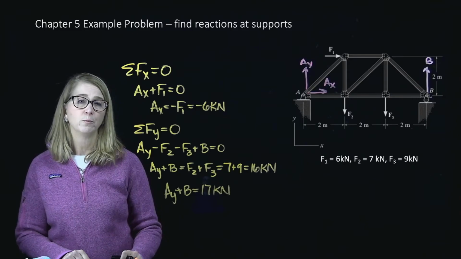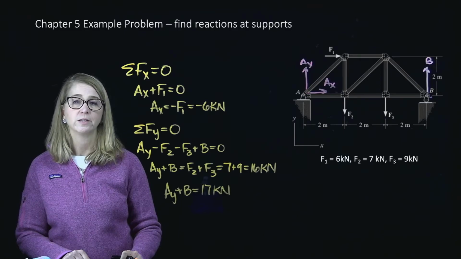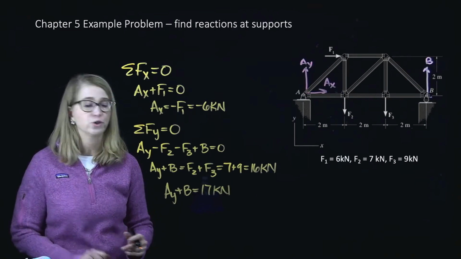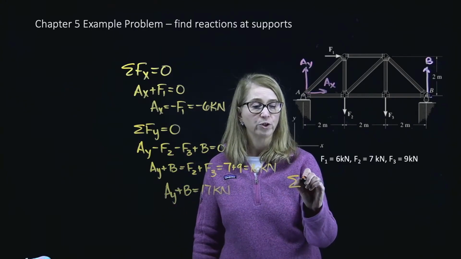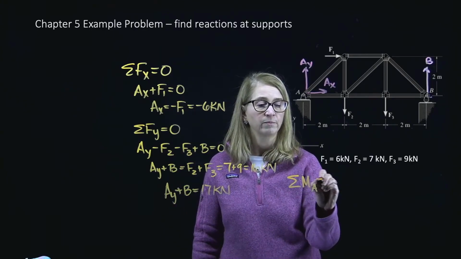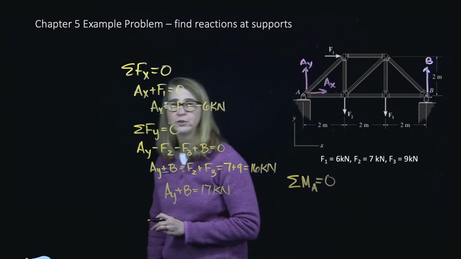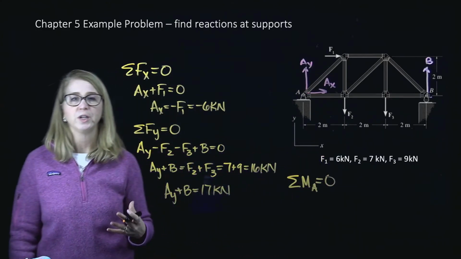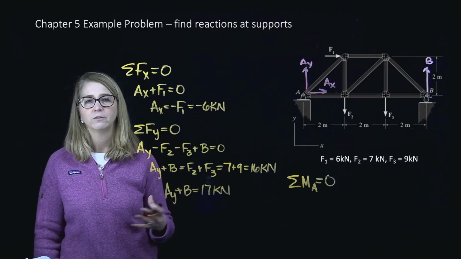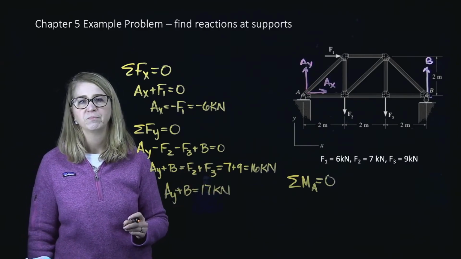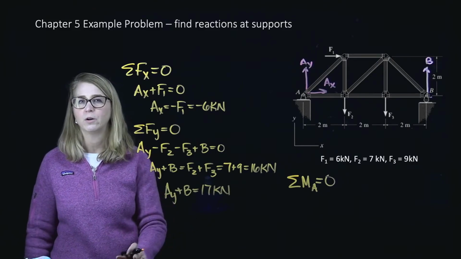Using the sum of the moments about any point on this truss and saying that it's equal to 0 is my last condition of equilibrium, and that's the one that's going to allow me to figure out which is which. So when you're choosing a point about which to find the moment for this equilibrium condition, you can choose any point on the object.